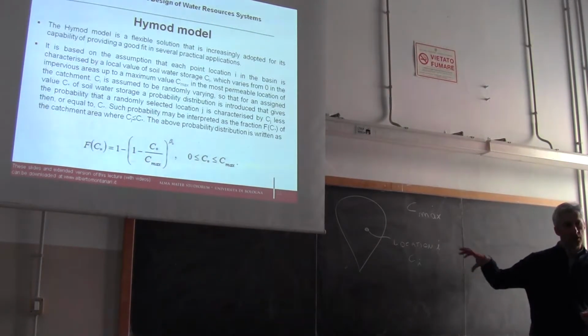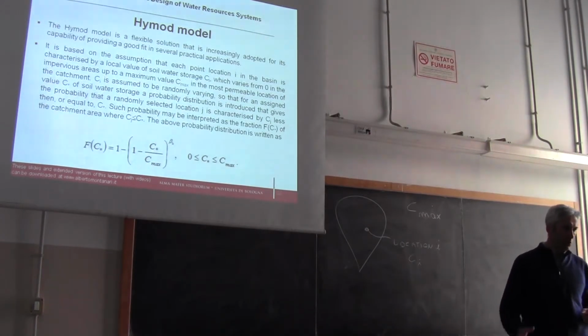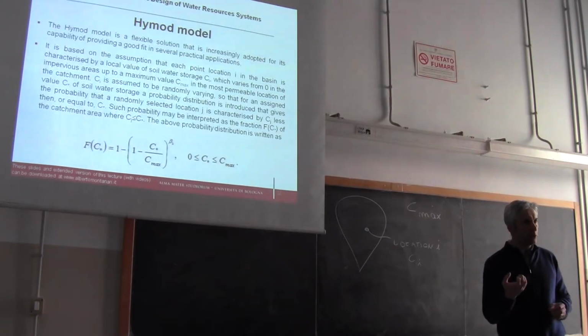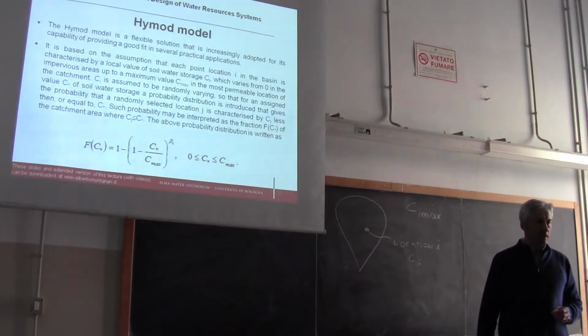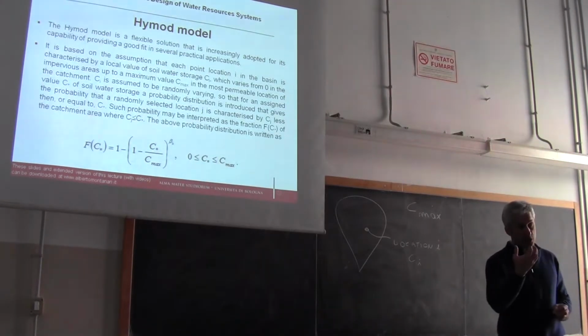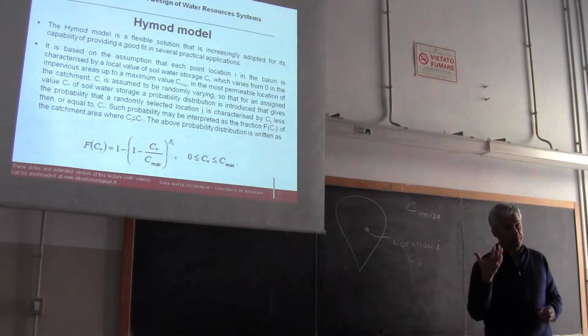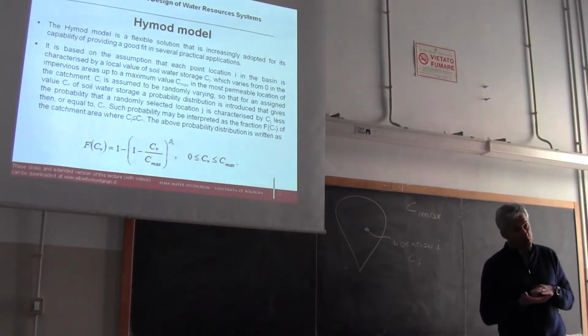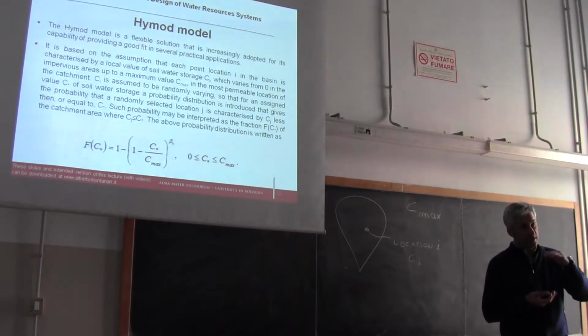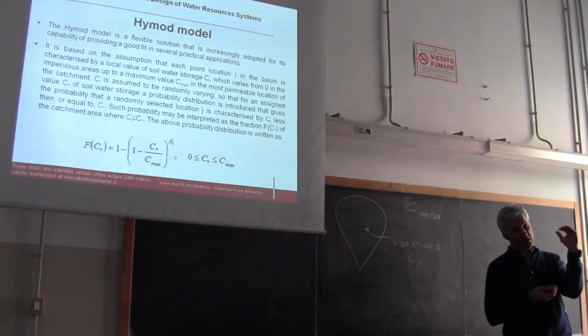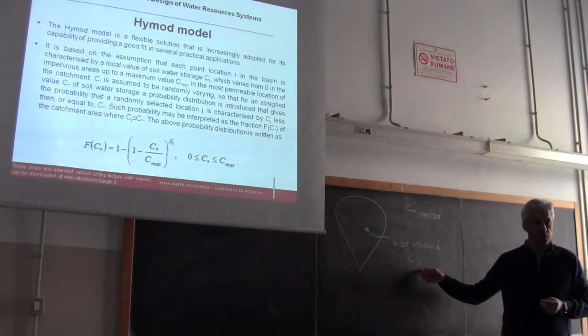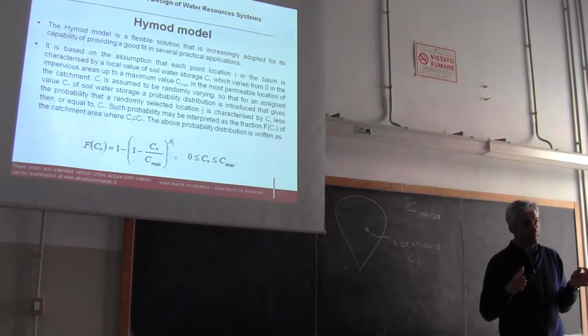What does it mean, a potential storage? It means that if it rains over I, water is absorbed, so no surface runoff is originated, and rain is stored in the location I, and therefore the storage increases. This storage is time dependent. It increases because while it rains, water is absorbed and the storage increases up to a value which is Ci, which is the max.